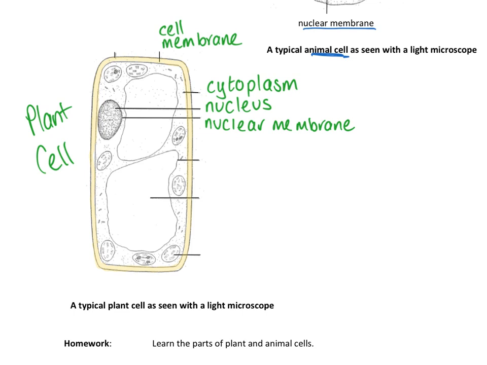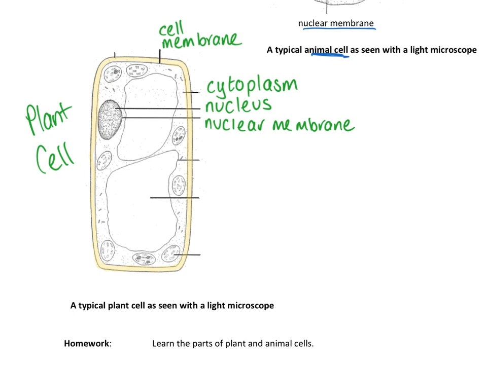So you can see, unlike an animal cell, a plant cell has a thick cell wall. And that gives plant cells their shape, it gives them a rigid shape, and it supports the cell. But plant cells also have the cell membrane, which just runs along the inside of the cell wall. So if you want to make that really clear, that label should go directly to the inside line.